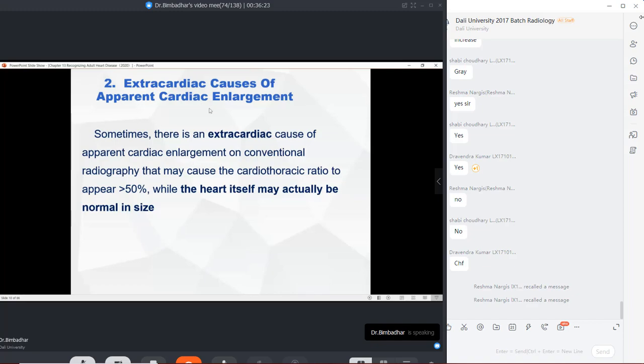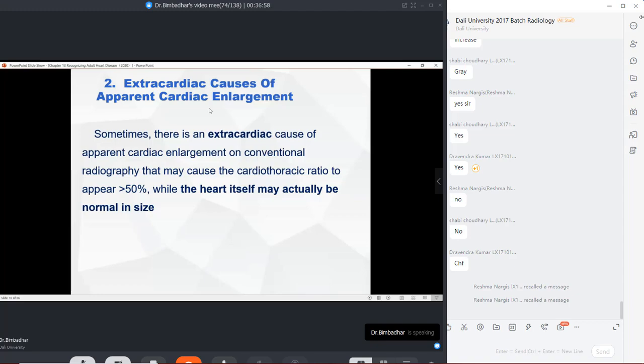The real size of the heart is not big, but it makes the mediastinal shadow appear bigger. The heart itself is of normal size, but on conventional radiography, if I measure the cardiothoracic ratio, since I cannot differentiate between the real cardiac muscle shadow and the fluid shadow on a chest radiograph, I will misdiagnose this person as having gross cardiomegaly or a cardiomyopathic disease.